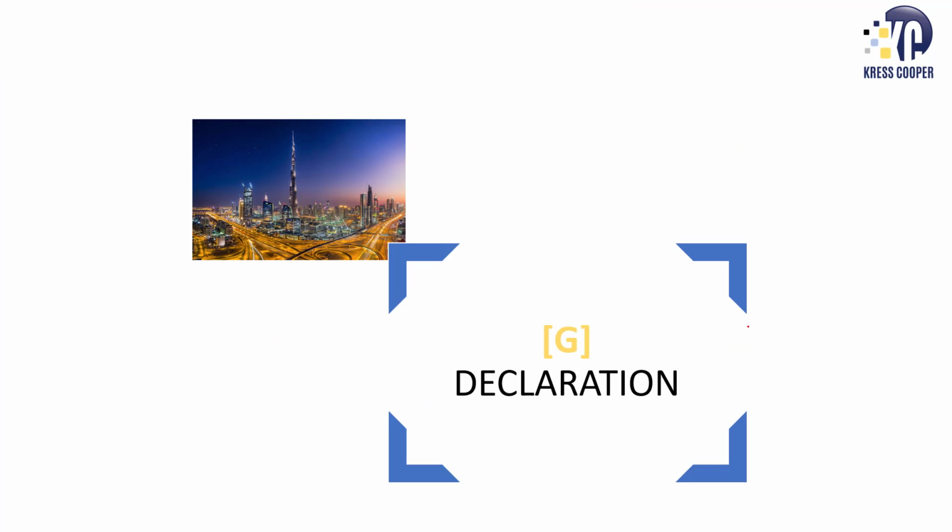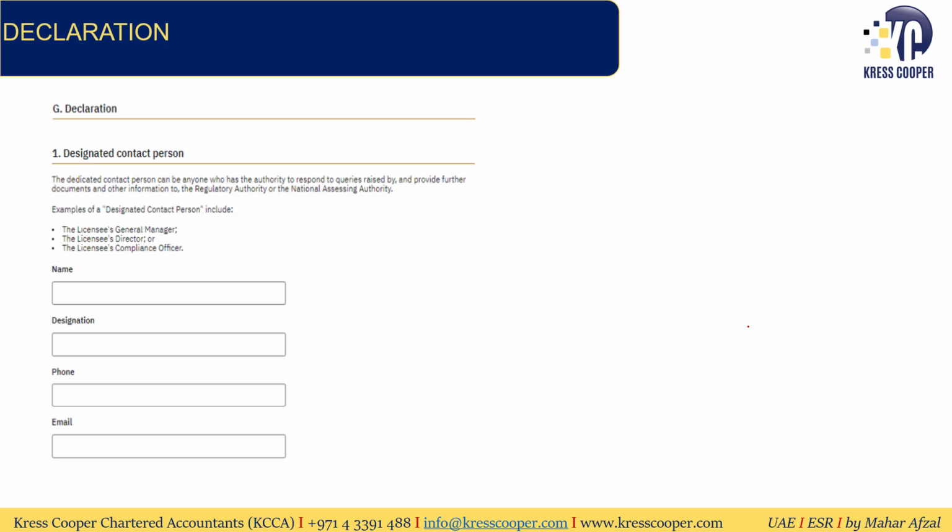In section G, which deals with the declaration, we need to provide the declaration. In this declaration, we need to provide the information about the person who has the authority to respond to the queries raised by the respective regulatory authorities.